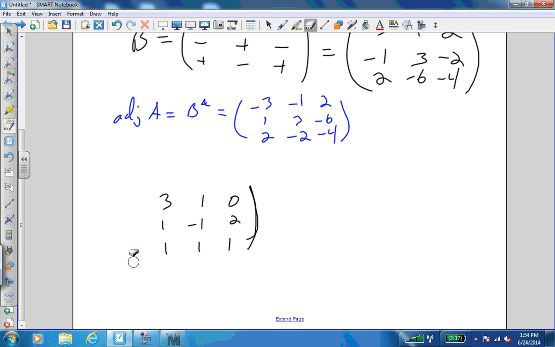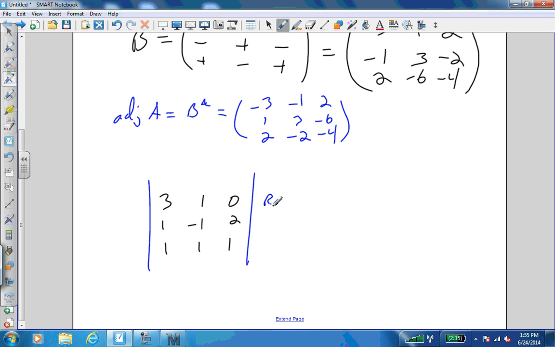So let's change this to a determinant. If we want a 0 here and a 0 here, the second row we're going to do minus 1/3 row 1 plus row 2. And I'll tell you what, instead of that, let's do this.